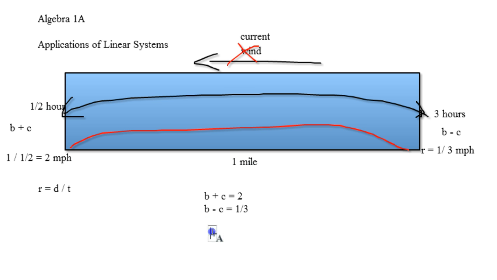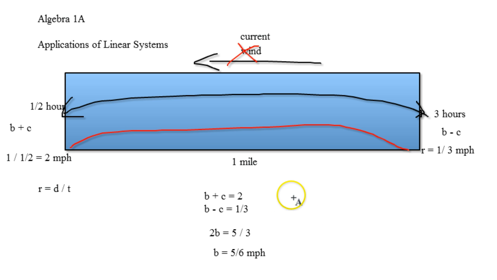If you add them together, you get 2B equals 7/3. We divide both sides by 2, and the speed of the boat is going to be 7/6 of a mile per hour.